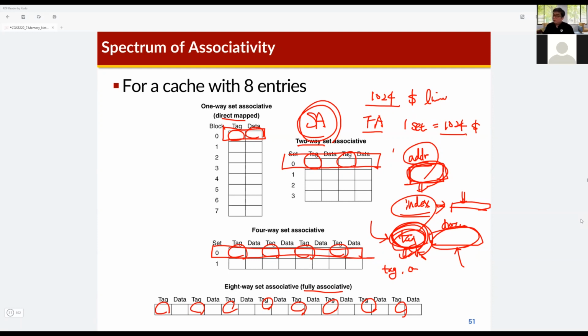What is the disadvantage of the direct mapped cache? The cache space can be wasted. Commercial CPUs use the set associative cache because the fully associative cache is very expensive.